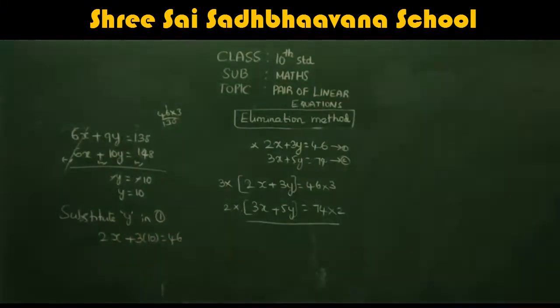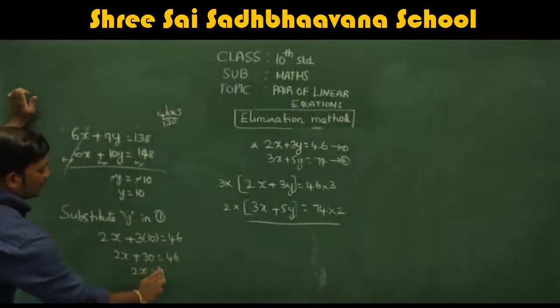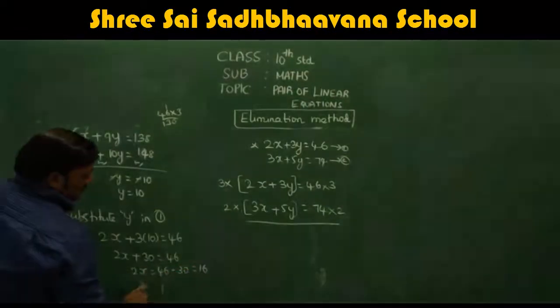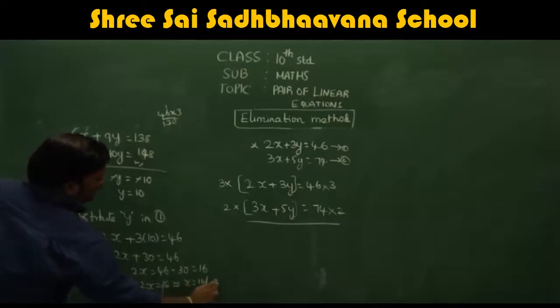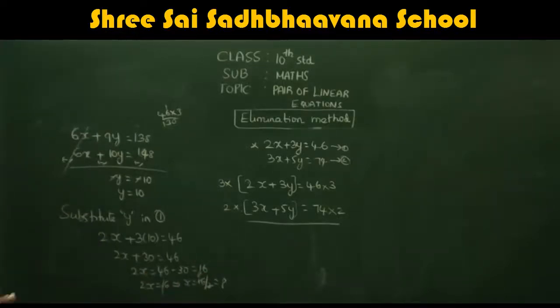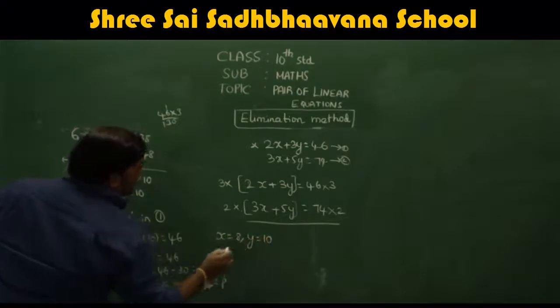Correct? 2x plus 30 is equal to 46. So 2x is equal to 46 minus 30, which is 16, right? So 2x is equal to 16 and x is equal to 16 by 2, which is 8. So x value is 8 and y value is 10. So we got the answer as x is equal to 8 and y is equal to 10.